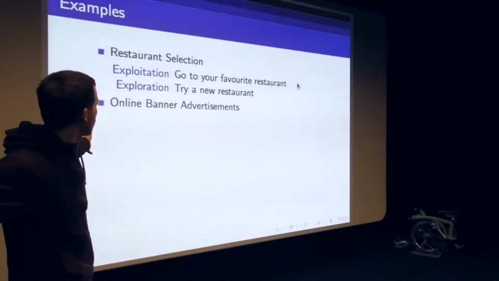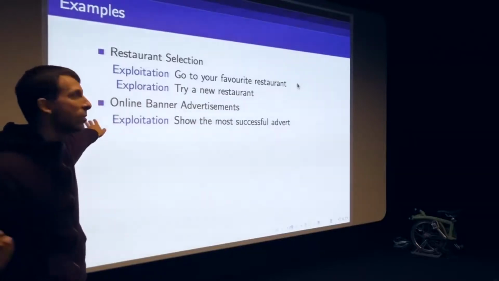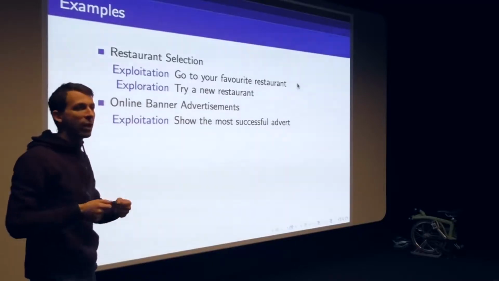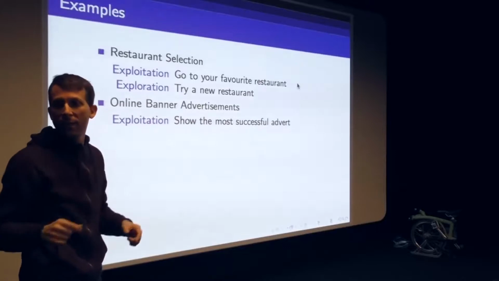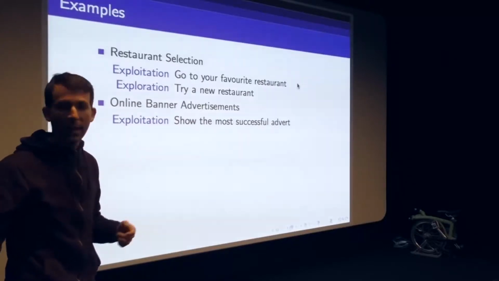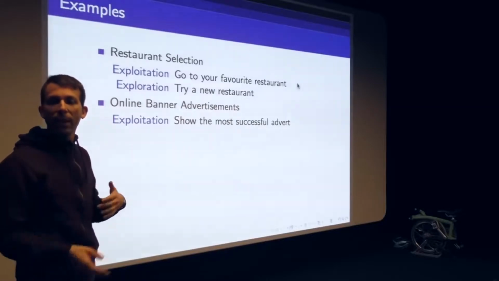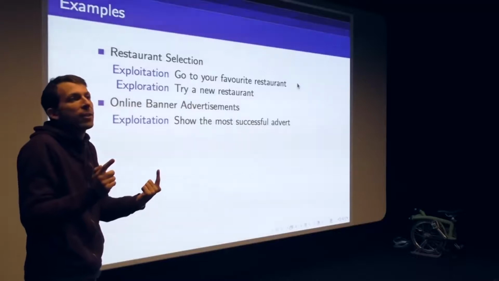The classic example of this, one of the big success stories of machine learning, is advertising online. This is a big use case for a lot of this machinery, where you're trying to decide what advert to show on some banner on some website, like Google AdSense. Exploitation would be to show the most successful advert, the one which people are clicking on the most.